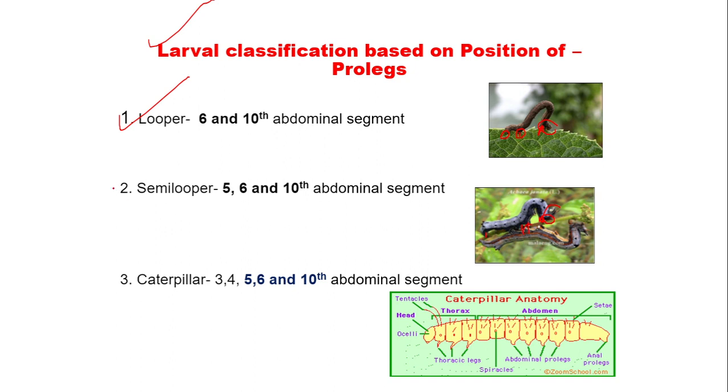That's why we call it a semi-looper. In caterpillars, the prolegs are present on the 3rd, 4th, 5th, 6th and 10th abdominal segments.